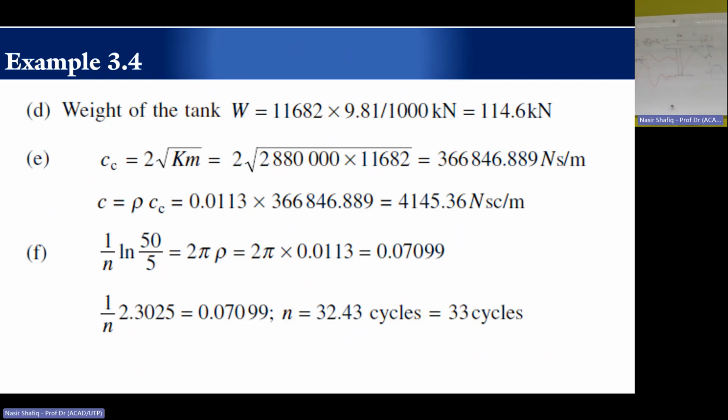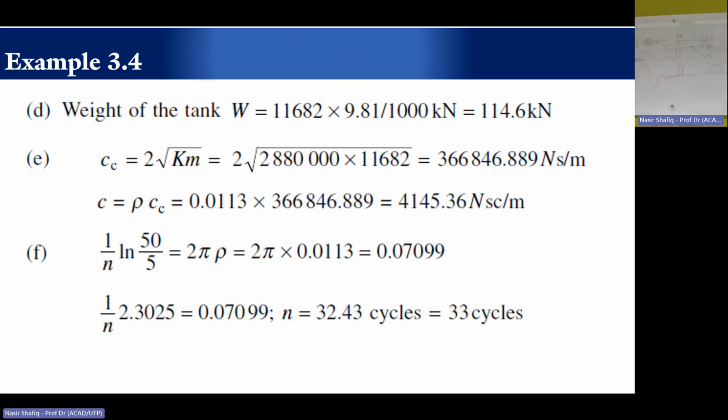It will take 33 cycles. From 50, we started with the first cycle at 50 amplitude, and we are going between 50 amplitude and 5, or 0.05 to 0.005. So what is the number of cycles?